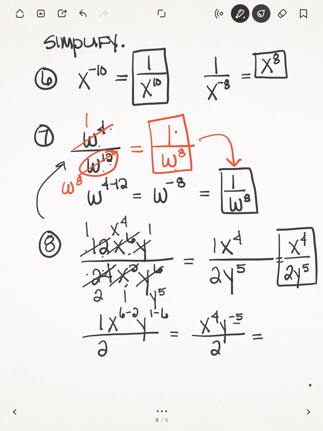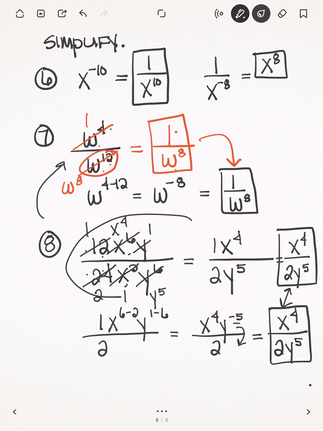So you're going to move it to the bottom. So you have x to the 4th divided by 2, and when you move this down to the bottom, you have y to the positive 5, because when you move it to the bottom, you make it positive. Notice that I got exactly the same answer that I had up here. I think myself this way is easier because I didn't have to ever deal with negative exponents. I just thought of it in my head as canceling. But it's totally up to you which way you do it.